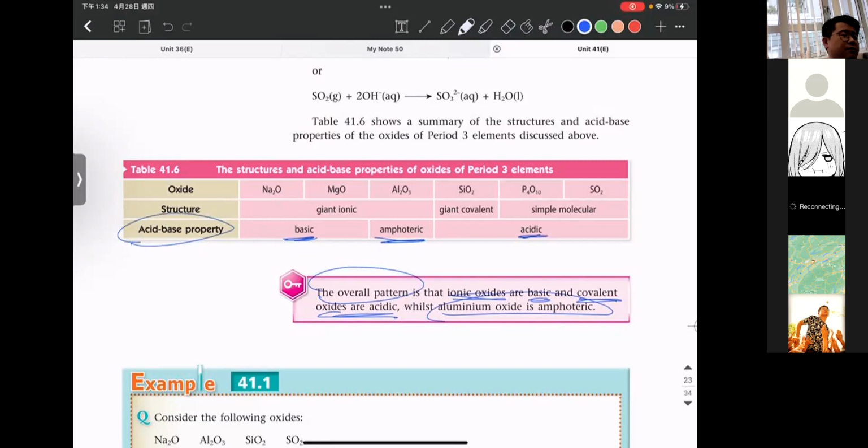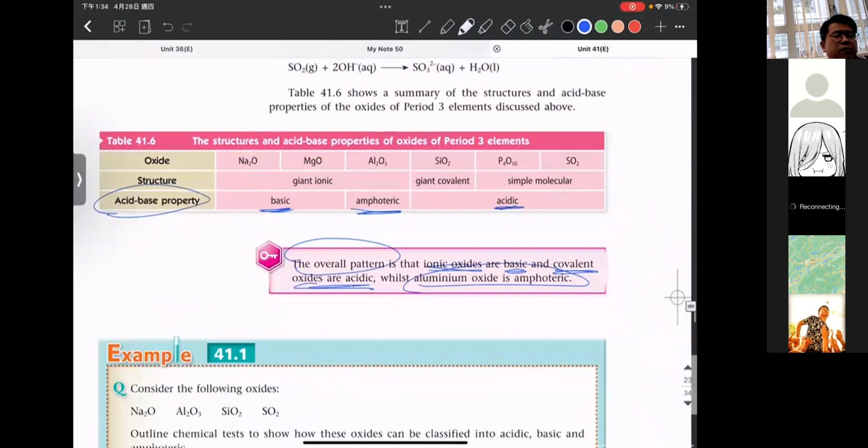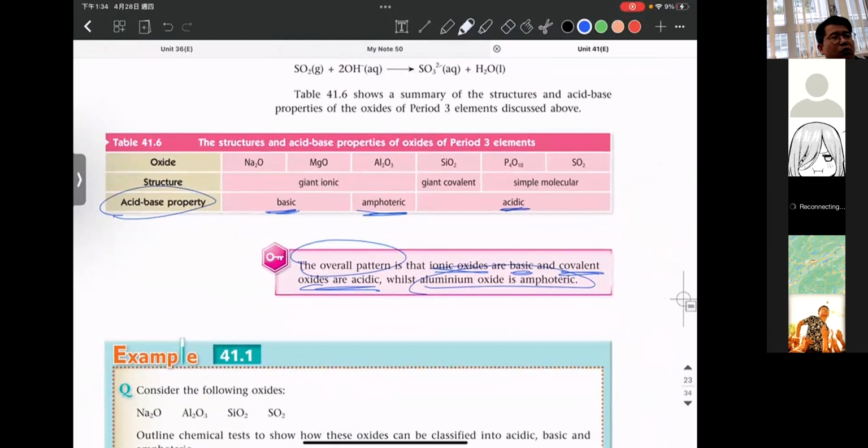Do you understand? Instead of just merely telling whether it is water soluble or not. 明唔明? If you want to further describe the acid-base property, never use an example of dissolving in water, because there are traps. They are not water soluble, but we would say SiO2 is an acidic oxide.